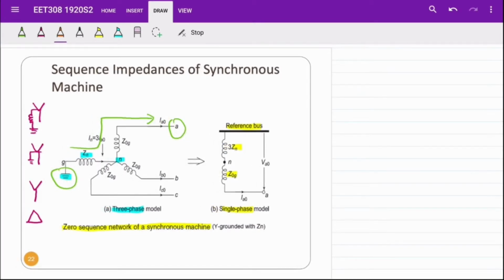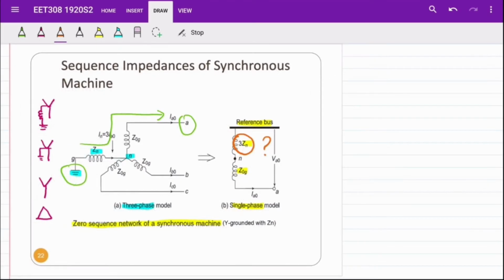If we notice in figure B, Zn in the single-phase model, we need to multiply by 3. Why do we need to multiply Zn by 3? At point N in figure A, we can write the current equation using the KCL method.